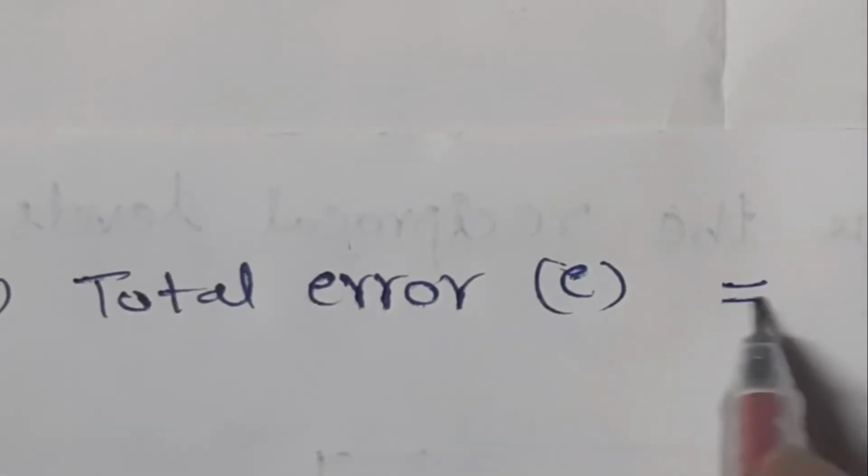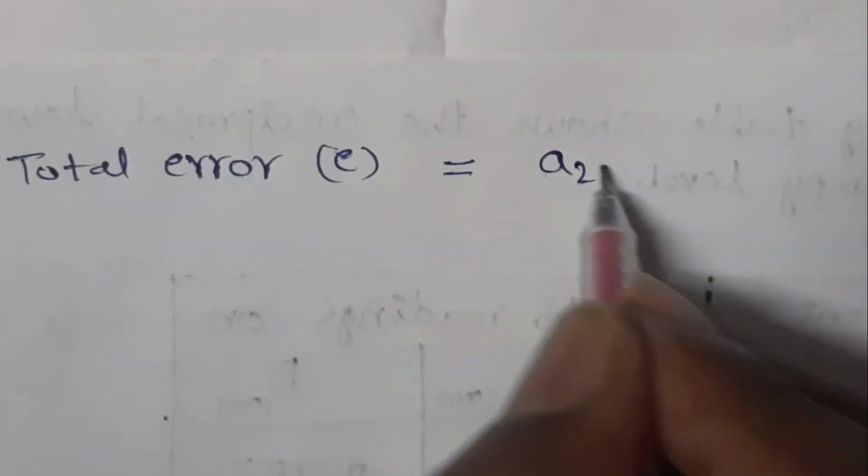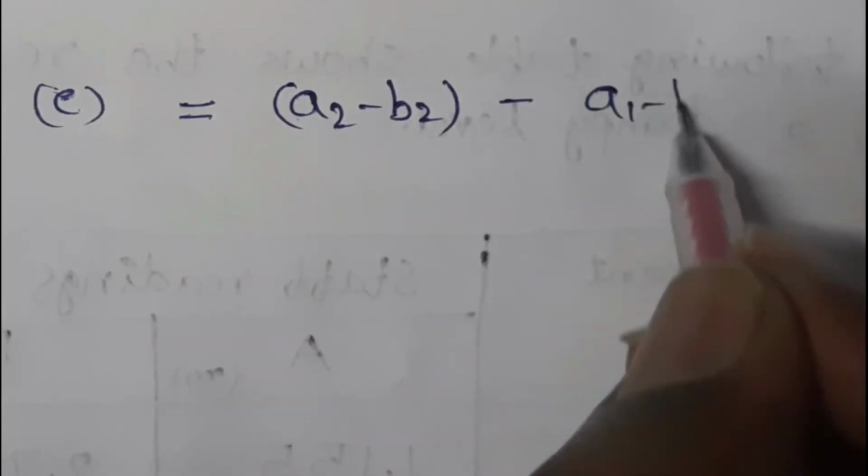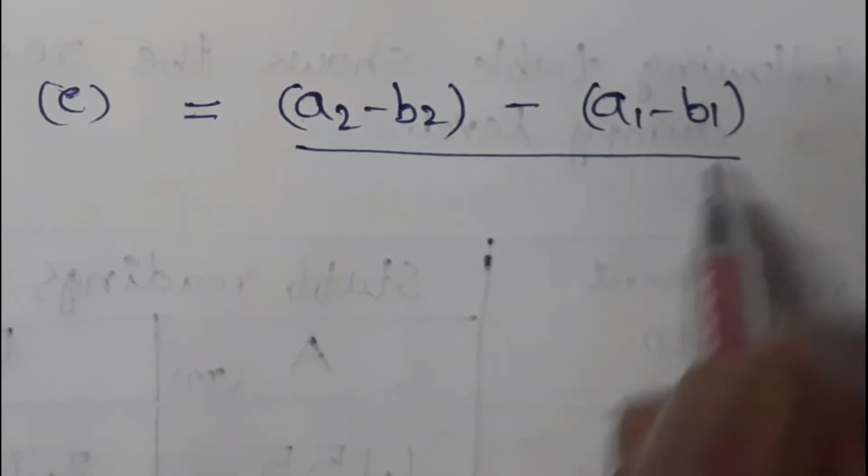Third one, total error. E is equal to A2 minus B2 minus A1 minus B1, divided by 2.